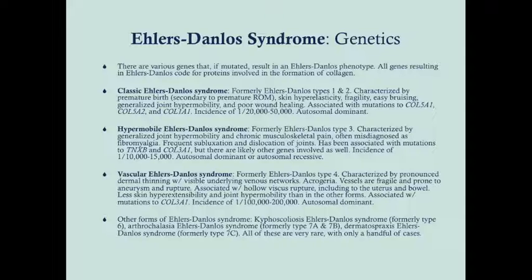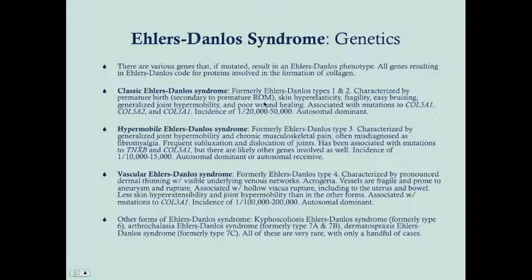If you're given a vignette, you'll be asked about the classic Ehlers-Danlos syndrome, and this used to be called type 1 and type 2. And this is associated with a premature birth secondary to premature rupture of membranes, skin hyperelasticity, fragility, easy bruising, generalized joint hypermobility, and poor wound healing.